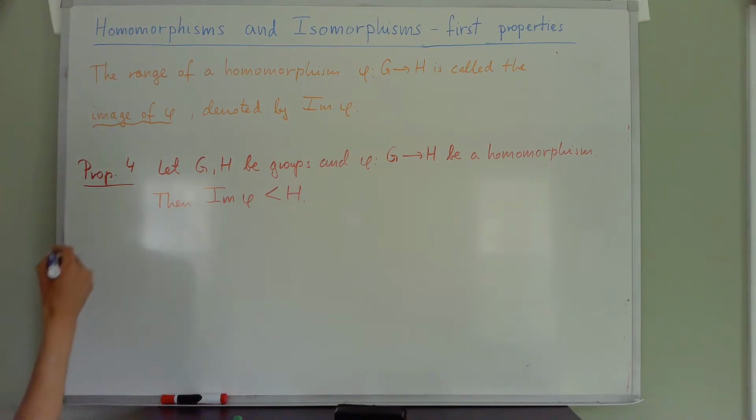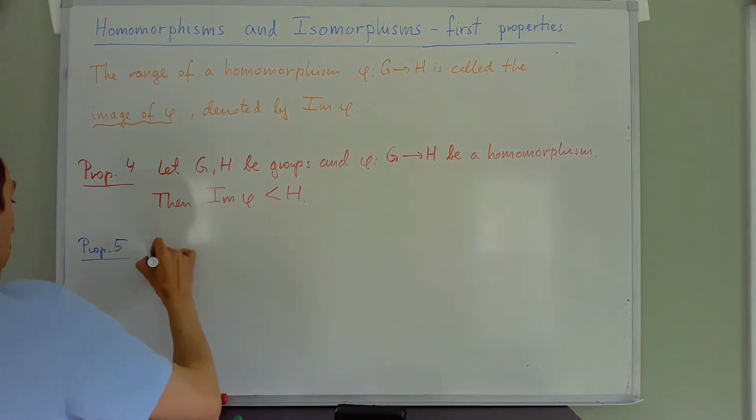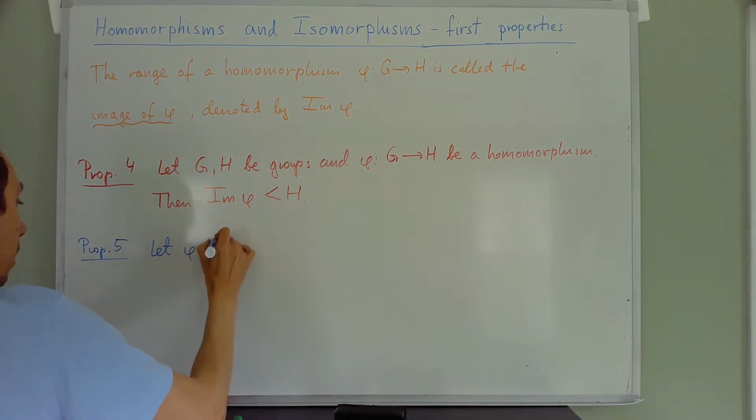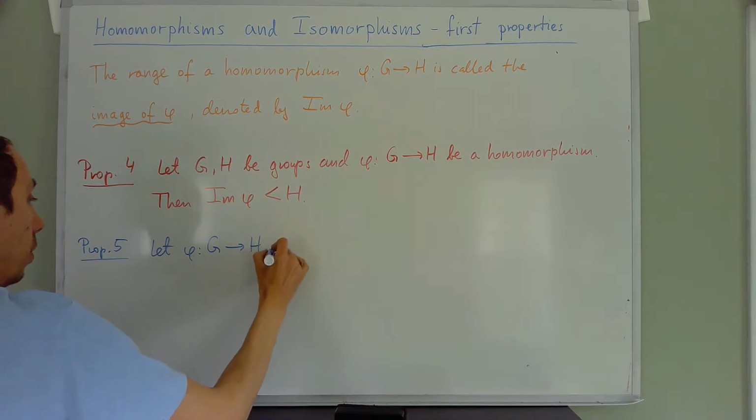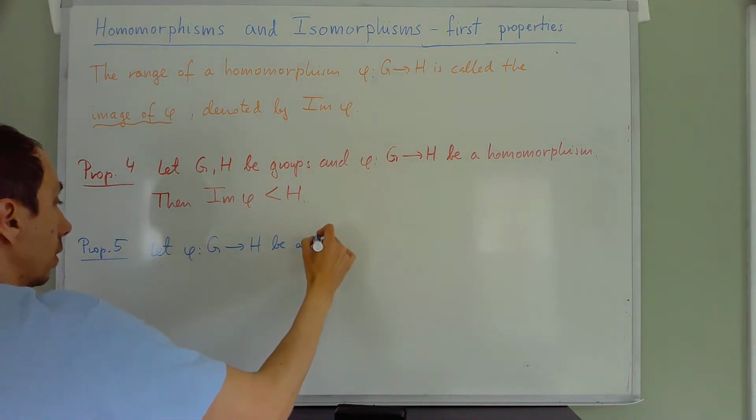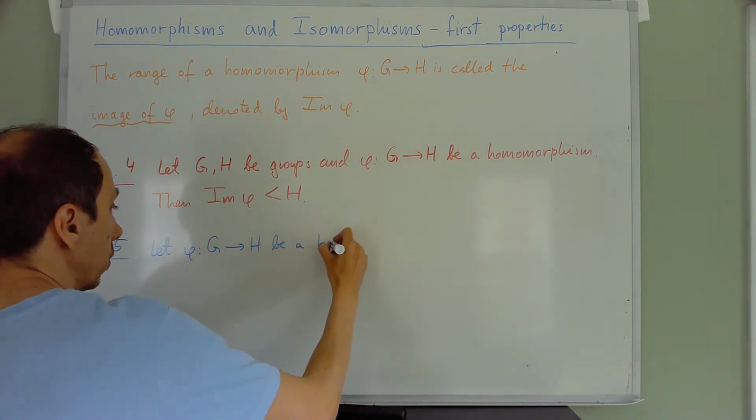Okay, proposition 5. Let phi from G to H be a group homomorphism, so G and H are groups.